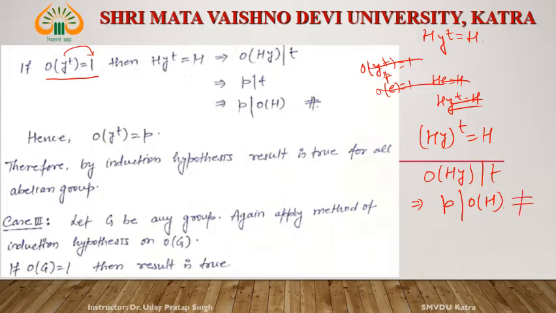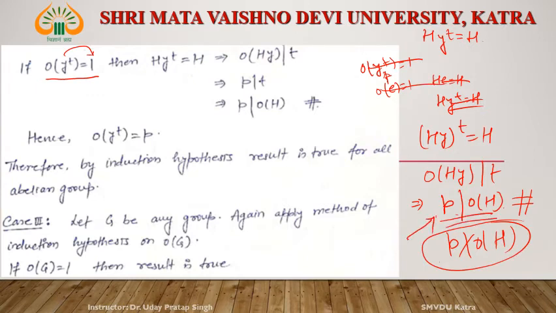This is a contradiction. Why a contradiction? Since we already assumed that p does not divide the order of H, but here it shows that p divides the order of H. The contradiction arises by assuming that the order of y^t is 1.